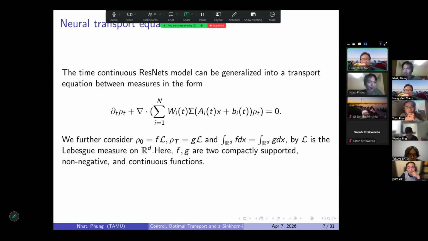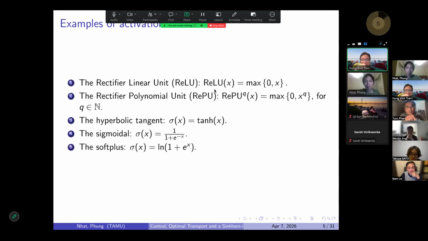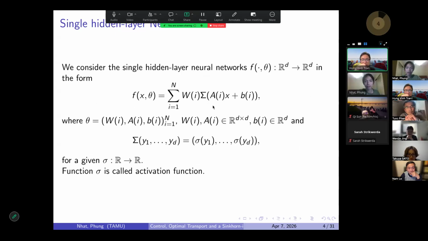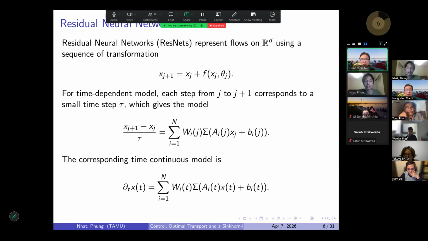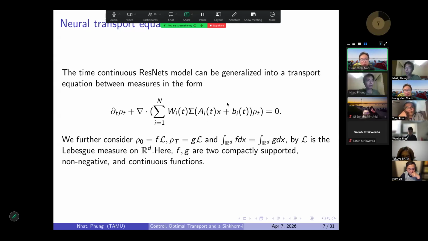But for now, this is just a motivation for why we move from a very first single layer neural network to a model that is the transport equation between measures. Then you can just say that you have the ODE, which is exactly the characteristic of this transport equation. Yes.